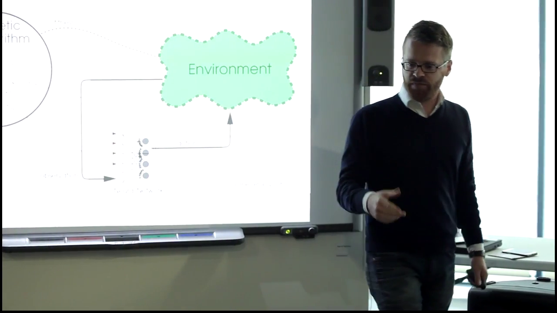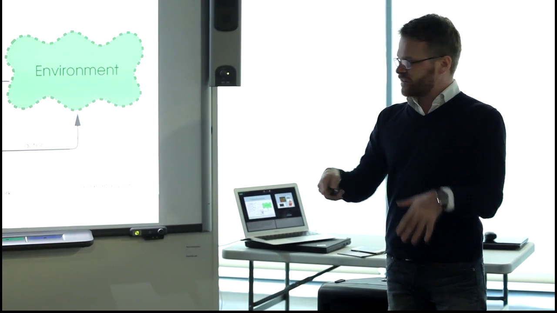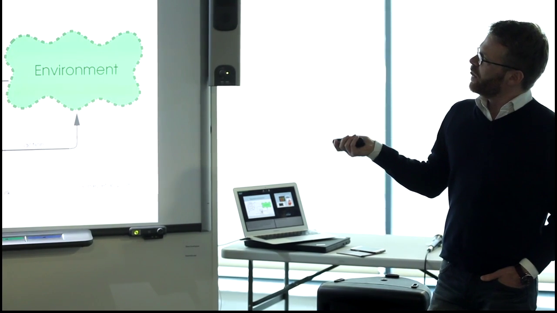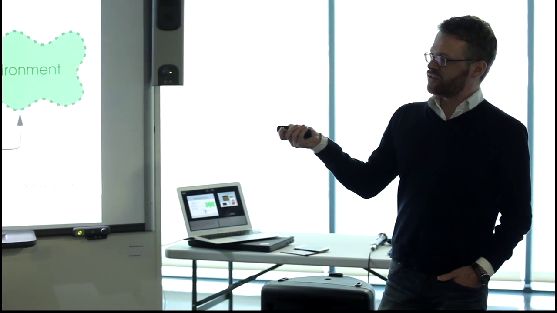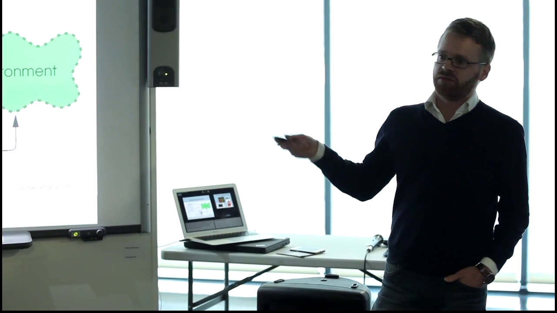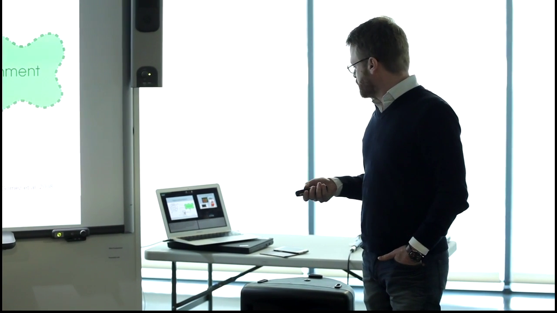In the case of the biped that Joel showed, the robot is able to actuate its legs, and what it gets back from the environment is maybe how far it walked. That influences its chances to reproduce, and then better brains reproduce more often, and over time you get things that are better and better at performing a certain task.